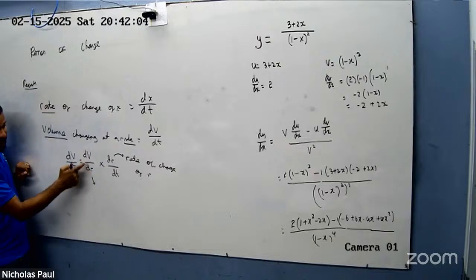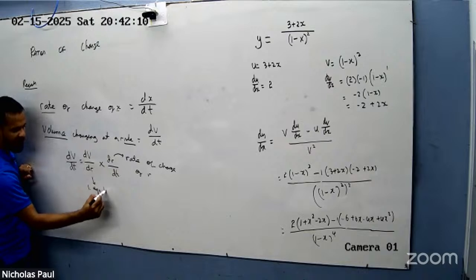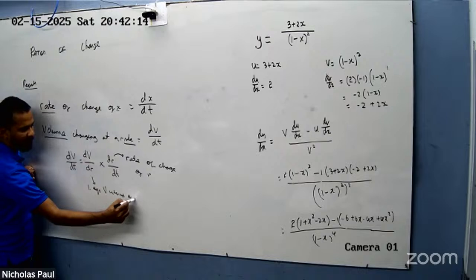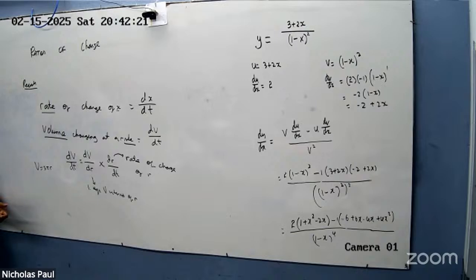In order to get dV/dr, number one, we need an equation for V in terms of r. So if we get something like V equals 3 pi r, can you find dV/dr from that? Yes, just differentiate.